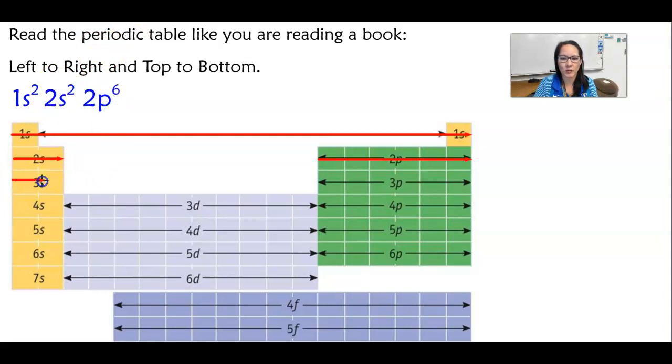Next is 3s2, 3p6. Now, we're on row 4 and things get a little bit different on row number 4. Notice that here is the D block and the row number minus 1 is the energy level of the D block.